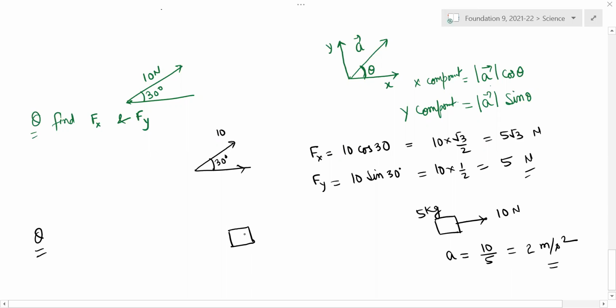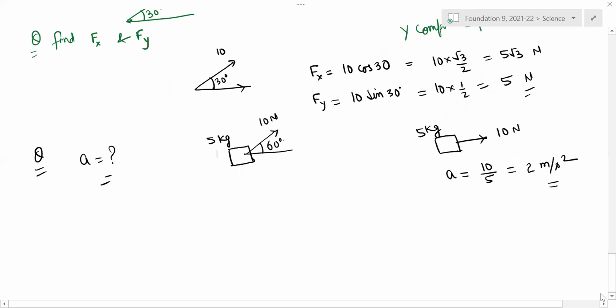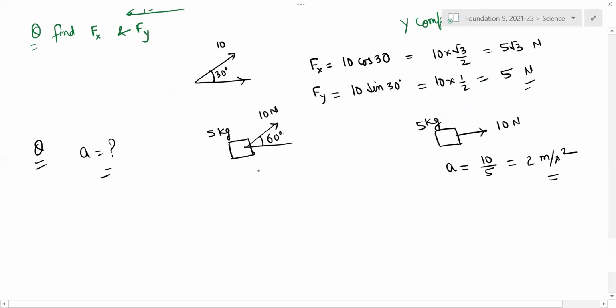Now in the same question, I twist it. Let's say this is 10 Newton, and it is now acting at an angle of 60 degrees. Now I'm asking, acceleration will be how much? Question remains the same, only I have twisted it. So it should be half, 1 meter per second square. This component will be the only one applying the force to move in the horizontal direction.